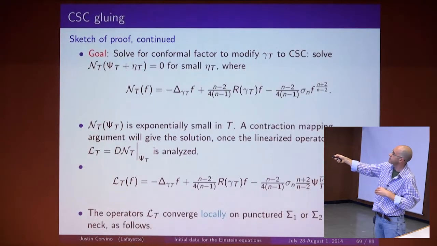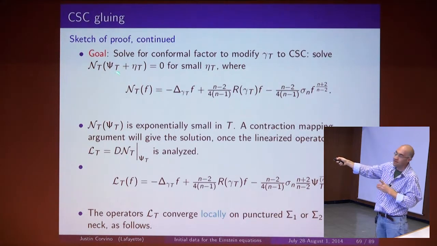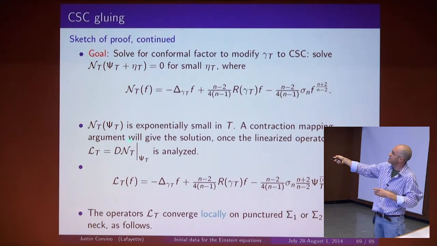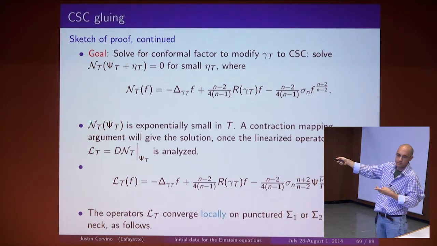That's this nonlinear operator. You want that to be 0. You want to solve for a small eta to change your conformal factor to get this to be 0. And the point is, you can compute this in the neck region, we know what it is, and in other places, and this thing is exponentially small.